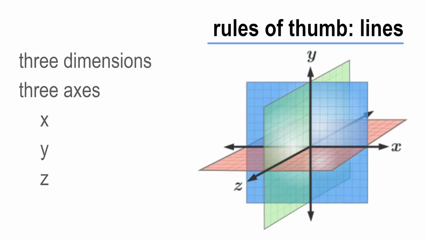Now, when it comes to those different faces, the front face here is sitting on the XY plane, this blue plane here. This frontal plane can tell us things related to width and height, but the XY would have nothing to do with depth.